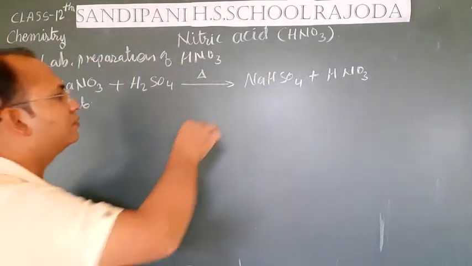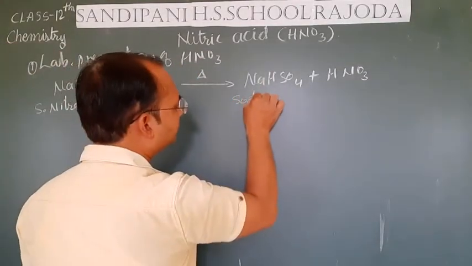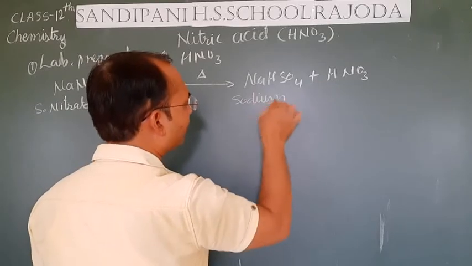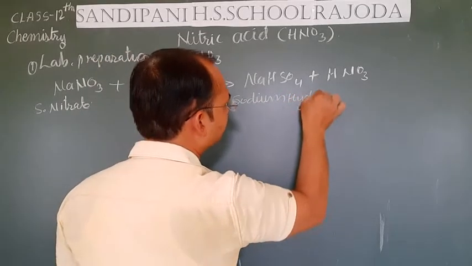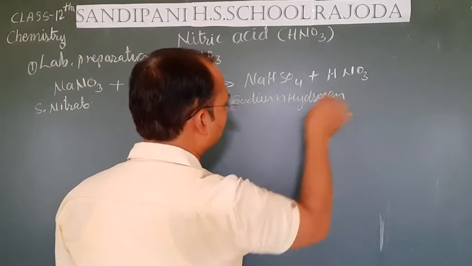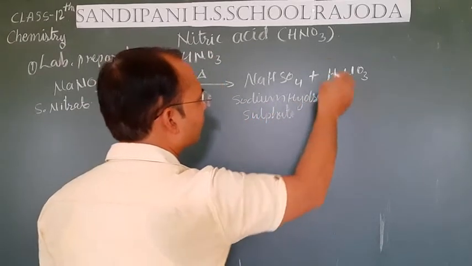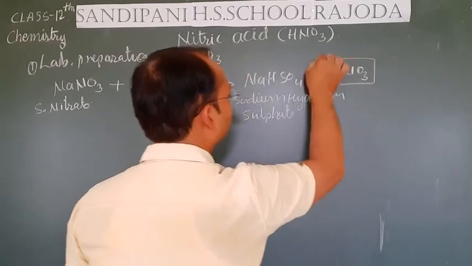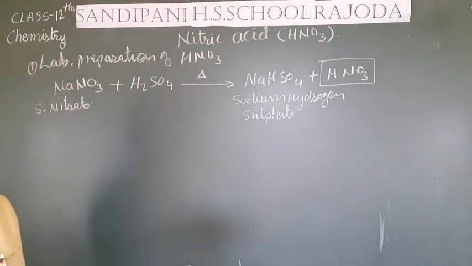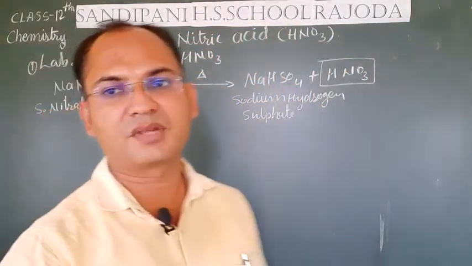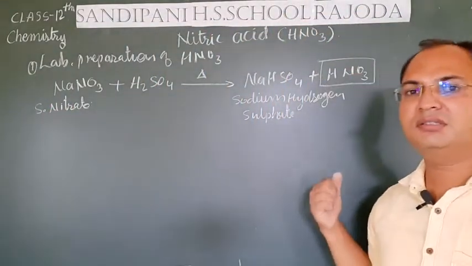The name of this compound is sodium hydrogen sulfate. So students, in this reaction, nitric acid is obtained as a product.